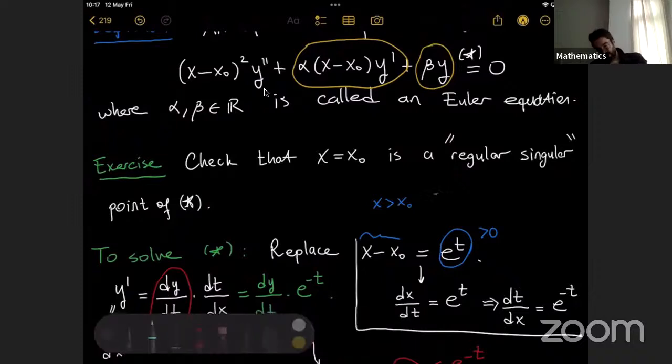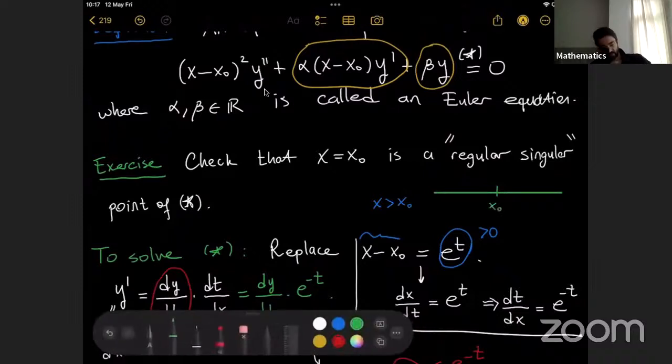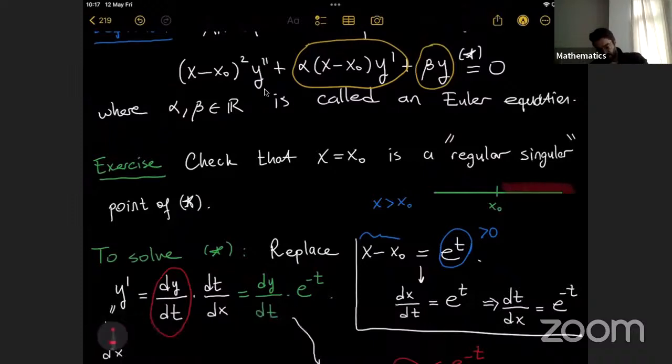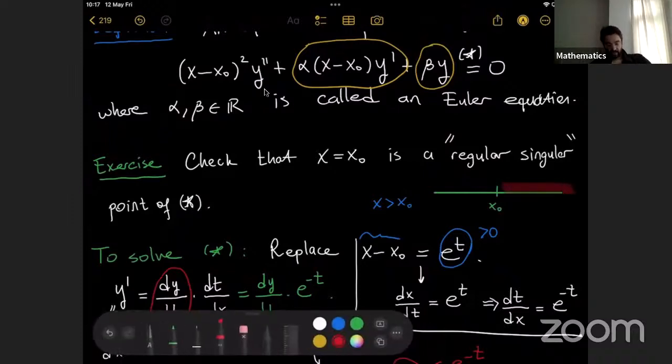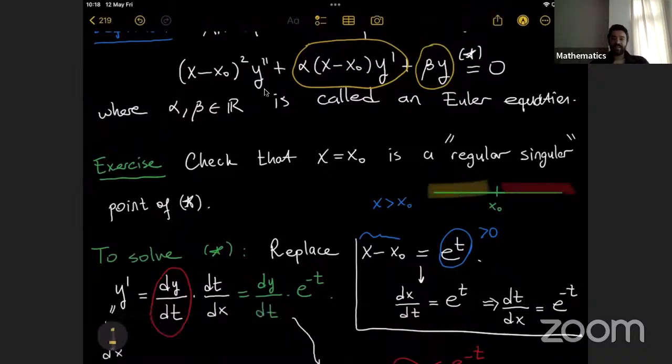We will also need to look at the other part. It's similar. For that part, you consider the replacement with minus e to the t, okay? So you will get a similar thing basically.